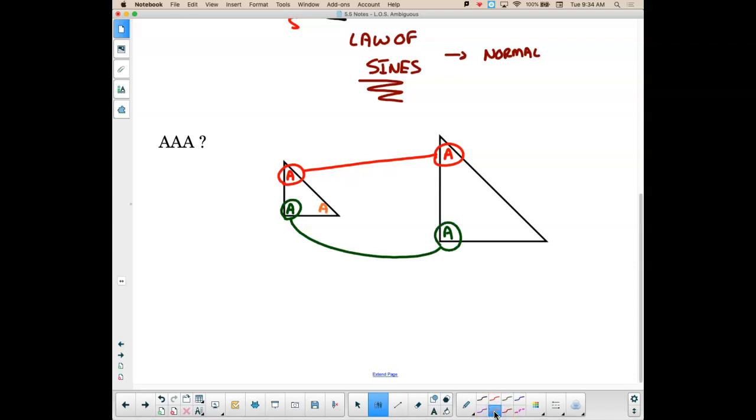And then these two angles would end up being equal. But they're on two different sized triangles, but all the angles are the same. So we can't solve the triangle given just the three angles. So we have to be given at least one side.